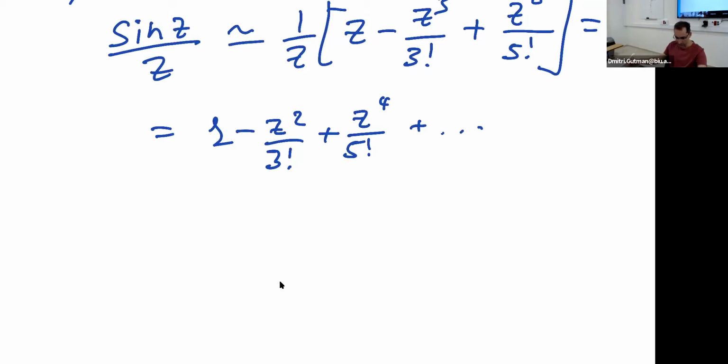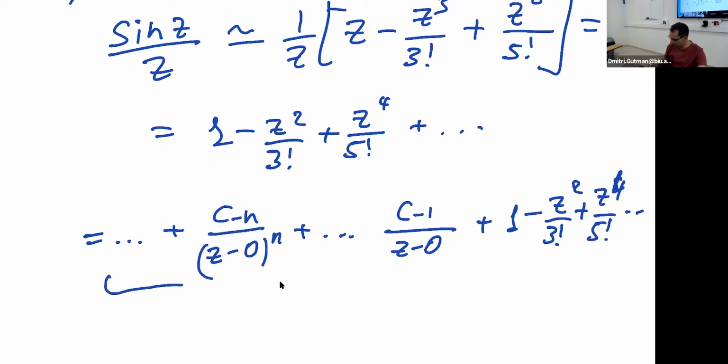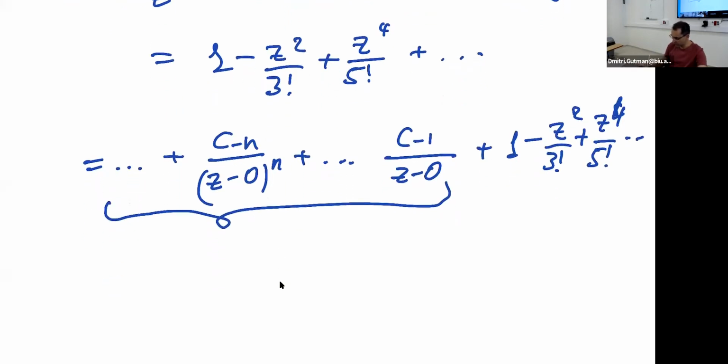If you looked at it as a Laurent series, it would mean that all these coefficients with negative powers are identically equal to 0.